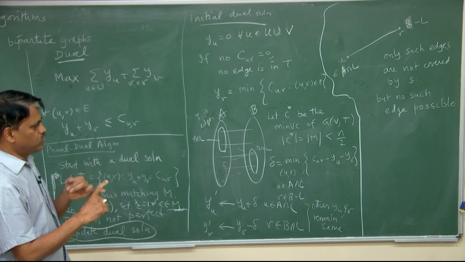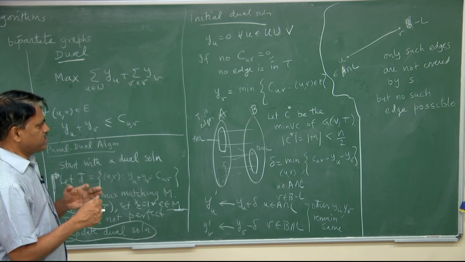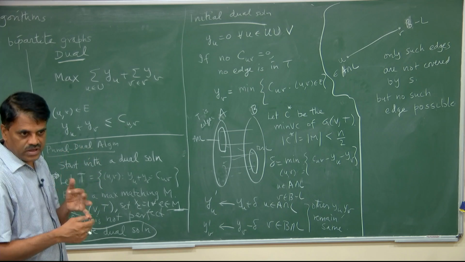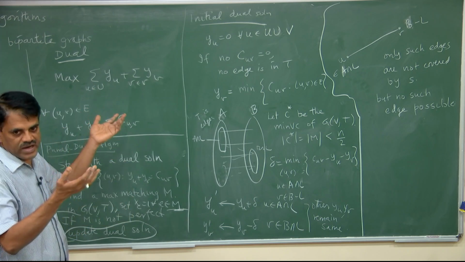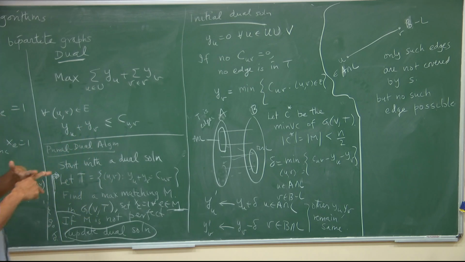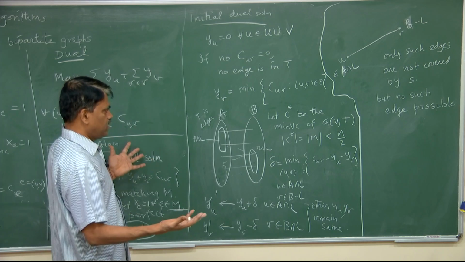So there are two claims I am going to make now. One is that dual now still remains feasible. And the second claim is that the overall objective function has increased by delta. The third claim is that I've got one more edge into T. So I made some progress in the loop iteration. Okay, the dual remains feasible. Let's see why.